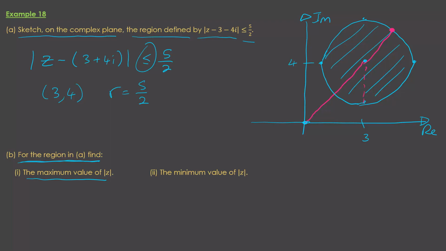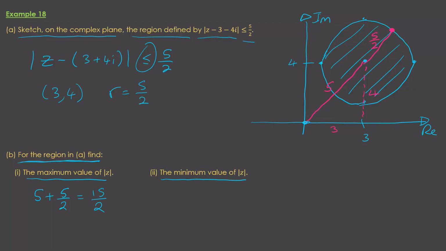Now we can form a right angle triangle here. We know this is 3 and this is 4. So this is 5. And of course the radius is 5 over 2. So the maximum value of mod z is 5 plus 5 over 2, which is 15 over 2.